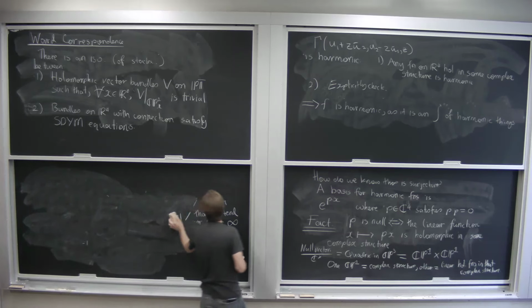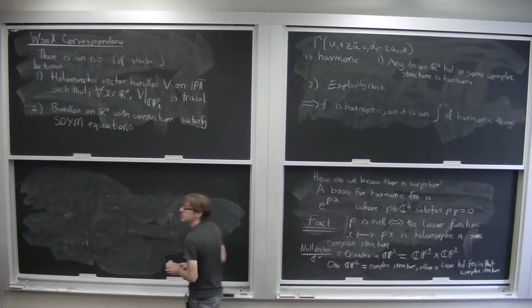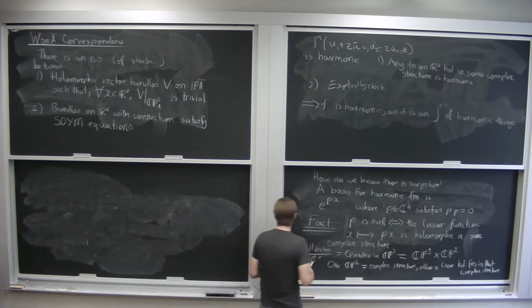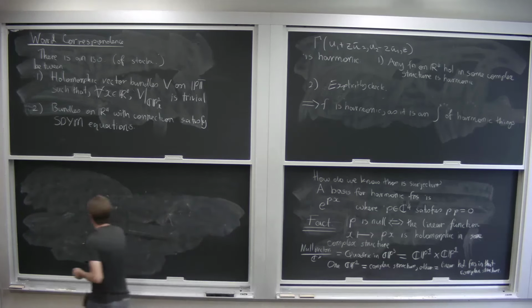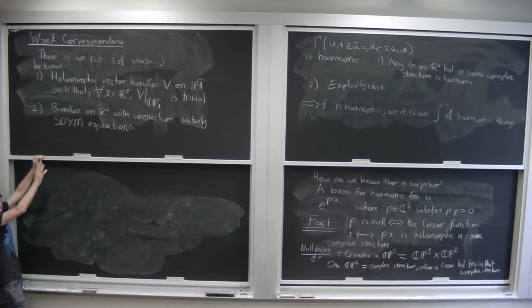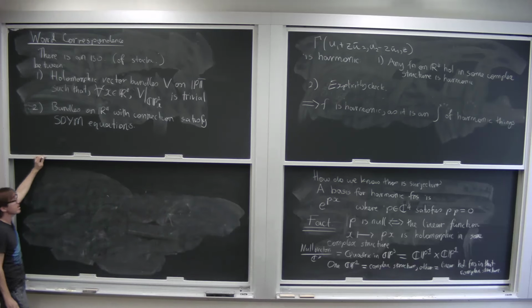So again there are no growth conditions in it. No, both spaces are infinite dimensional. Well, I'll tell you what I mean by the self-duality equations in a minute. You probably have seen them.